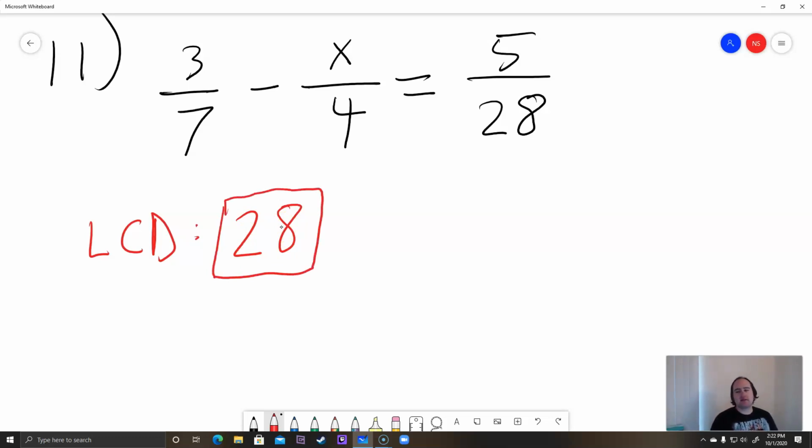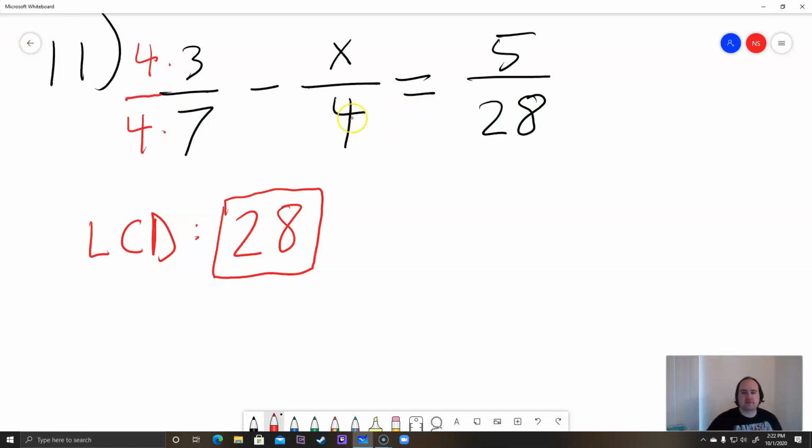So since the LCD is 28, we need to build each of these denominators until they're all 28. So looking at this first fraction, we have a 7 in the denominator. We need to multiply by what we're missing so that we get 28. So we're going to multiply this first fraction by 4 on the top and the bottom, because 4 times 7 is 28.